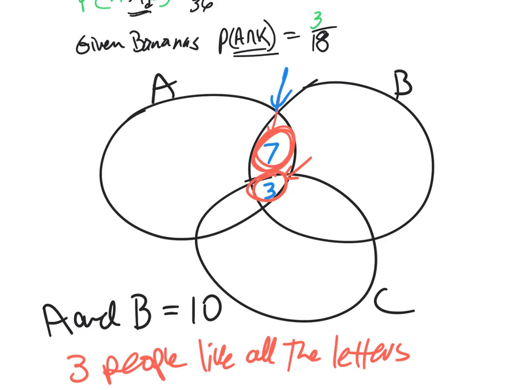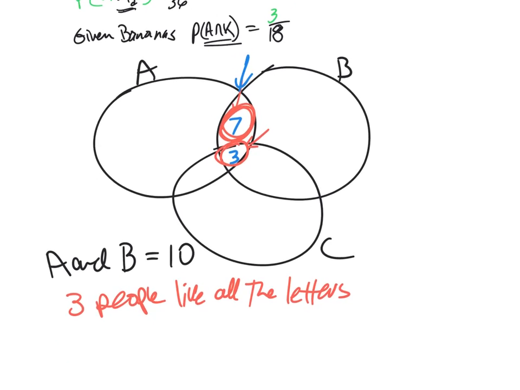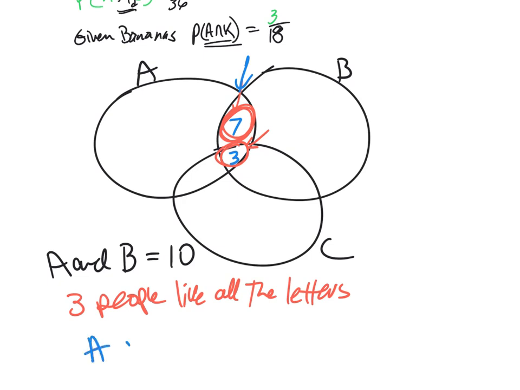All right, good. Let's do one more factoid and see if you can put it in the right place. A and C is 11? Lita Vega.